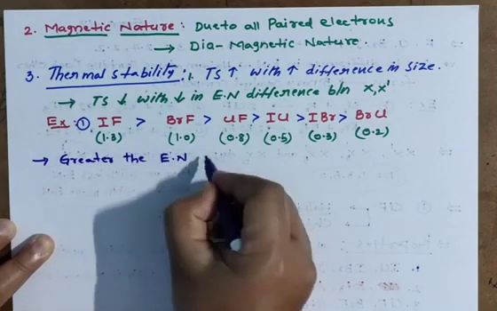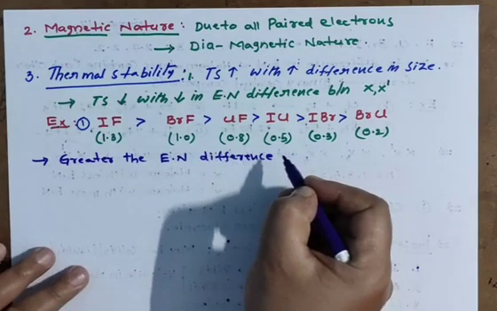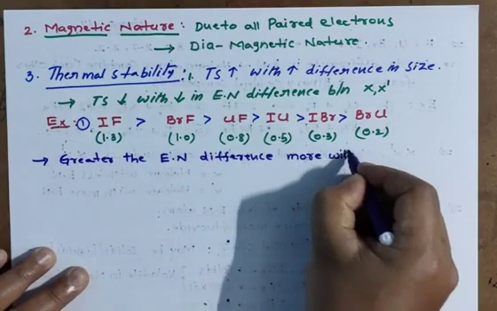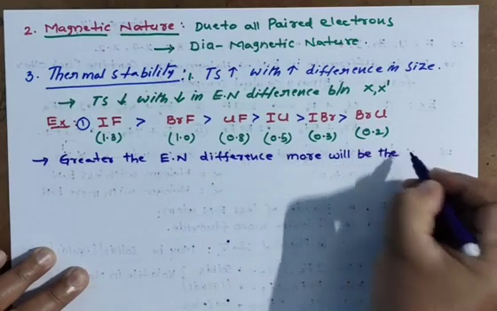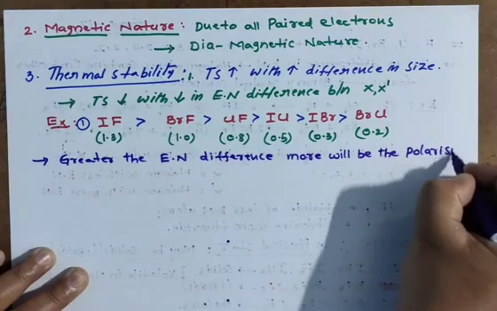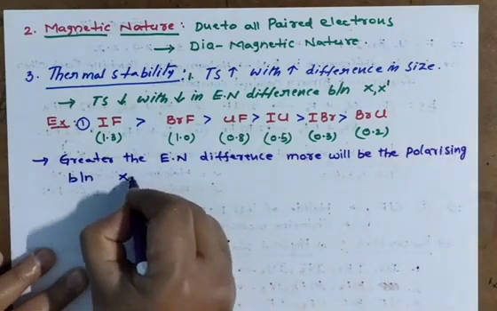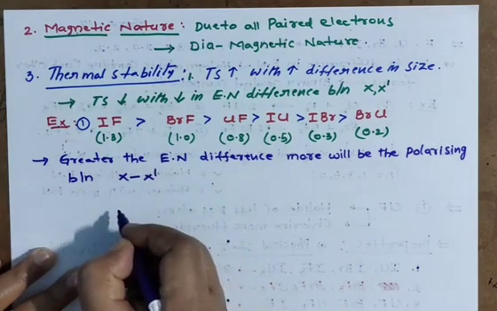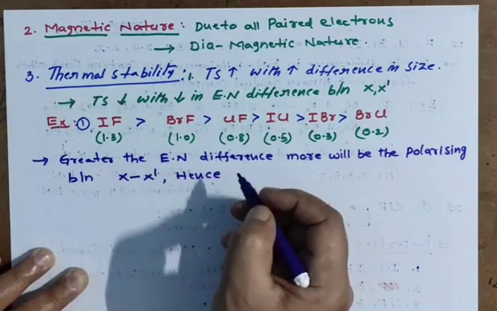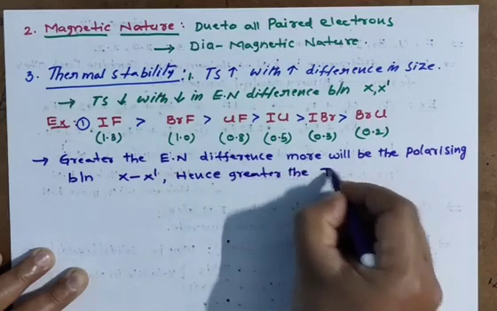Greater the electronegativity difference, more will be the polarizing between X and X dash, hence greater the thermal stability.